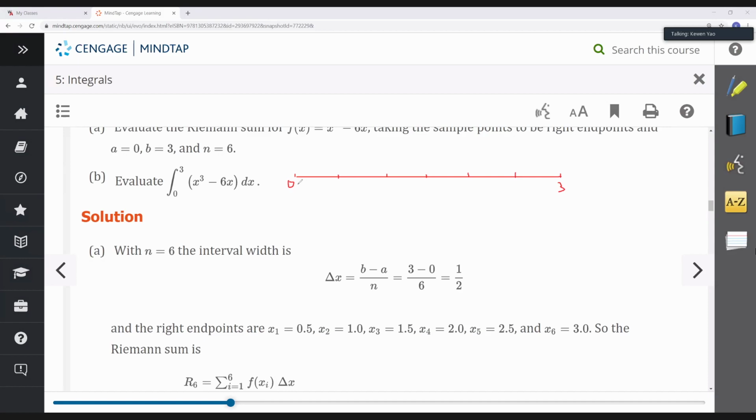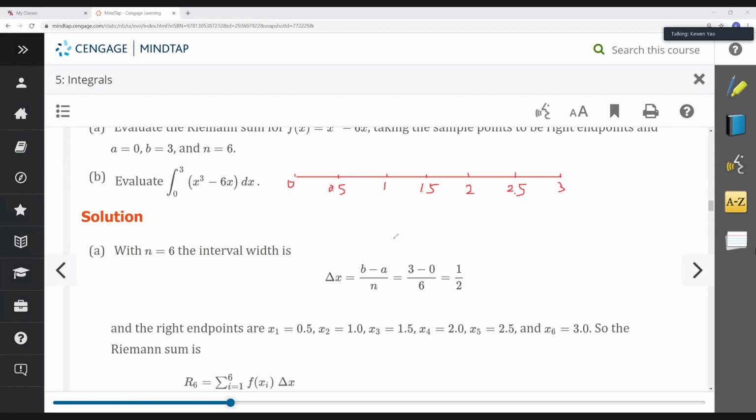So for every part, the length is 0.5, or 1/2. So you can find this is 0.5, because the yellow part is 0.5. 0.5 plus 0.5 is 1, and this will be 1.5, and then this will be 2, and then this will be 2.5.